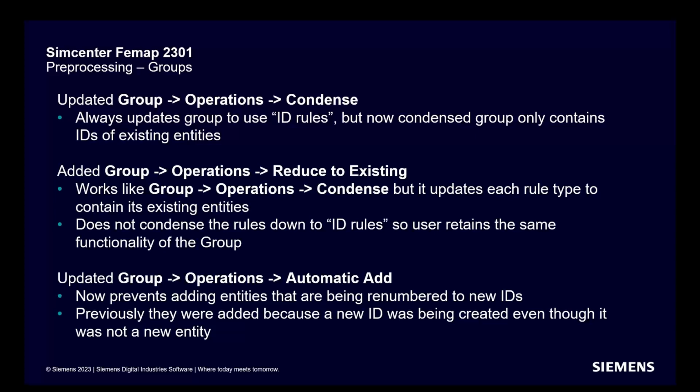And then also, this one is almost like a bug fix in my opinion, but they've now updated the automatic add. I guess it's not a button, but when you turn on automatic add now and you renumber something, it won't see that as a new entity and add it to the group.